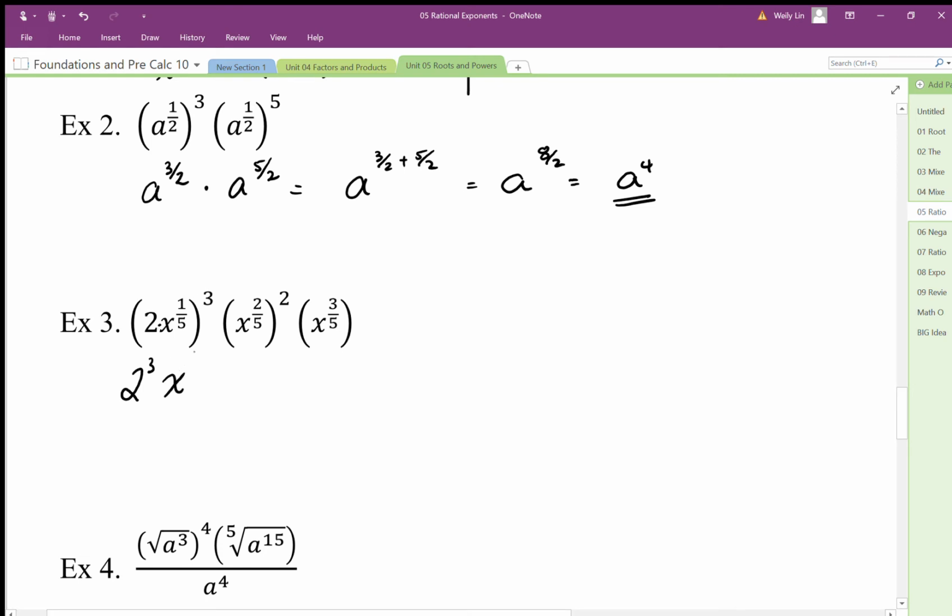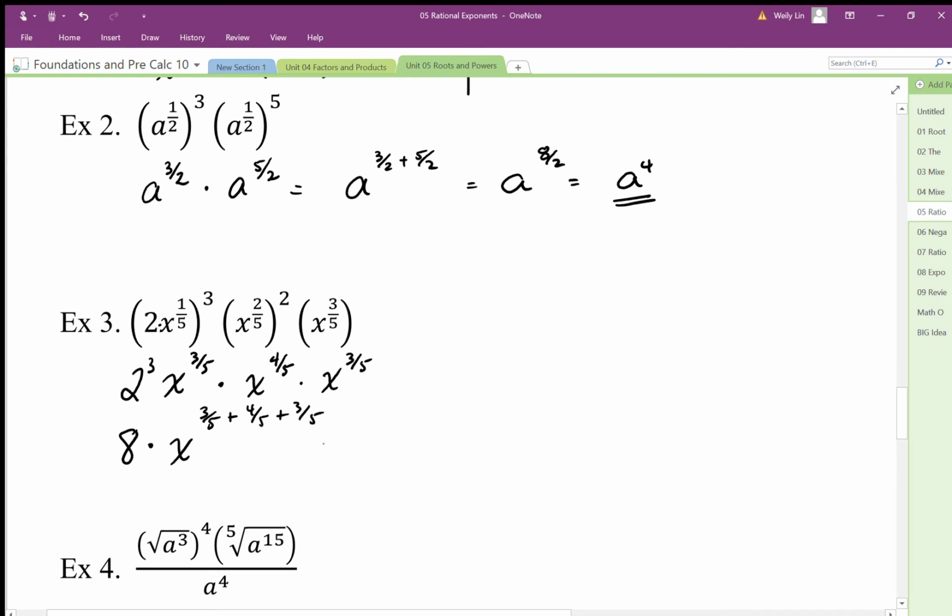We can do power 3 root 5 times power 2 squared is power 4 root 5 times power 3 root 5. So I can work out this 2 to the power 3 is 8 times, since these are all the same bases of x, I can put those x's together as 3/5 plus 4/5 plus 3/5.